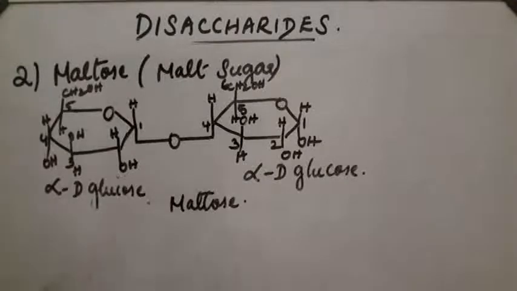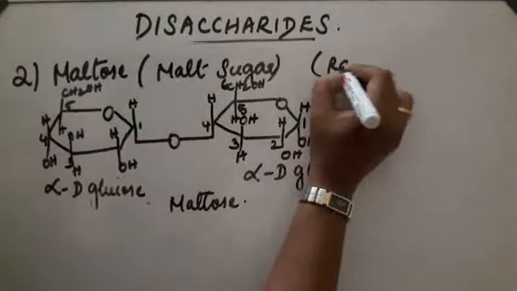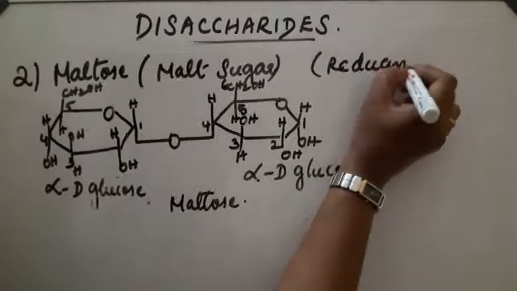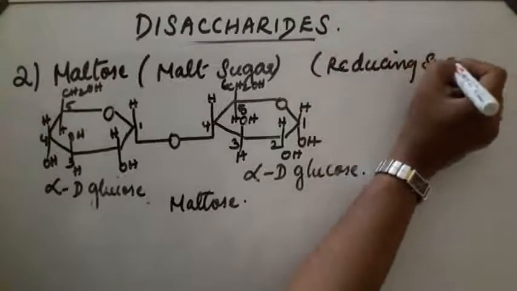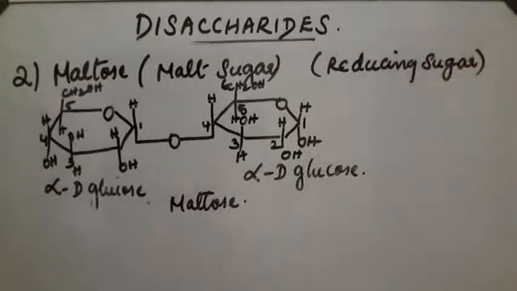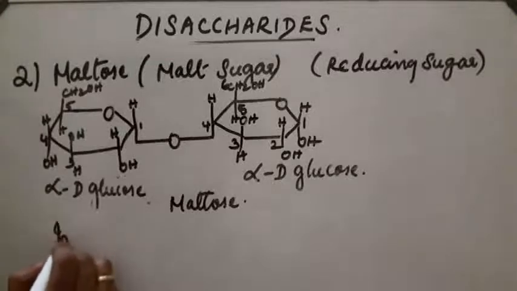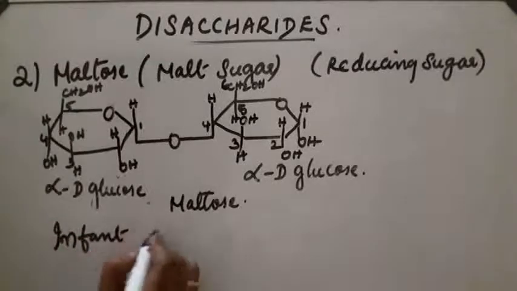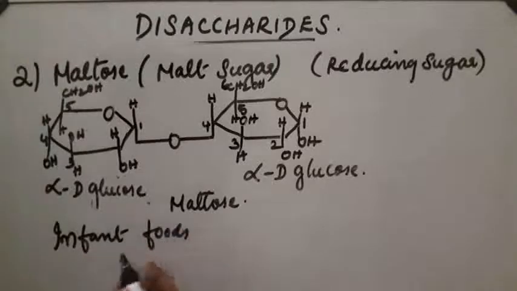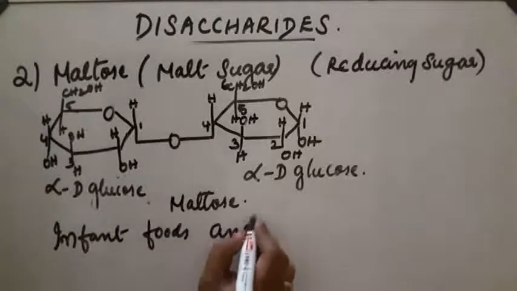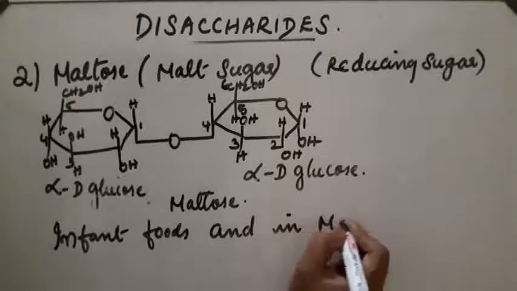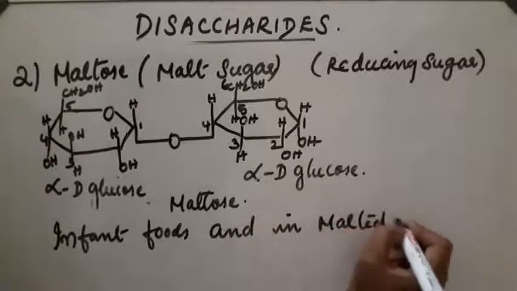This is a reducing sugar. Maltose is used in infant foods, and it is seen in malted milk.